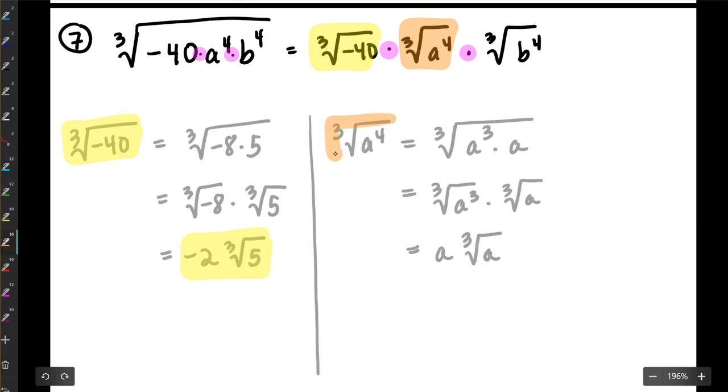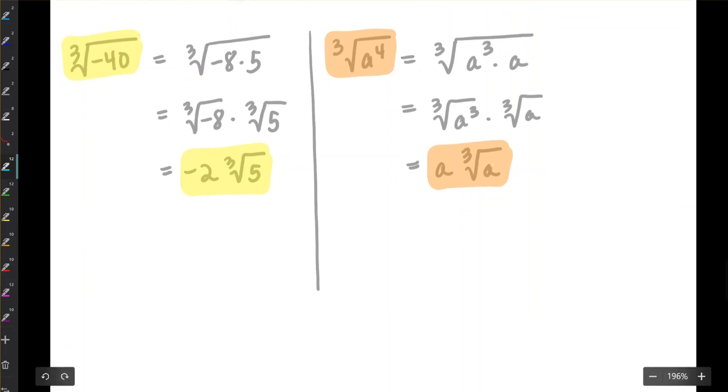Orange is orange. And the work that we did for orange is the exact same work that we're going to do for blue. The only difference is that we've got a b instead of an a. So let's go ahead and see that algebra one more time for the heck of it.